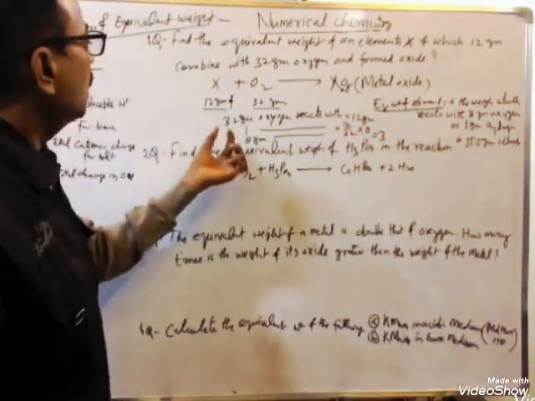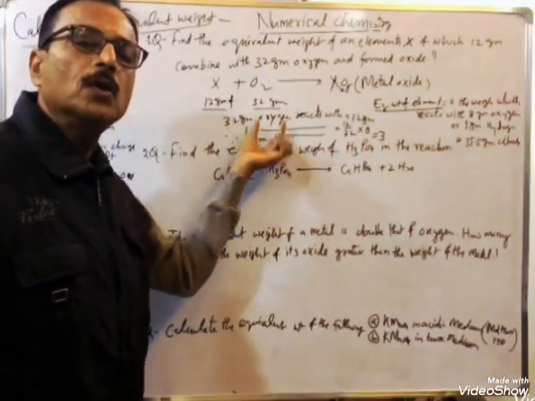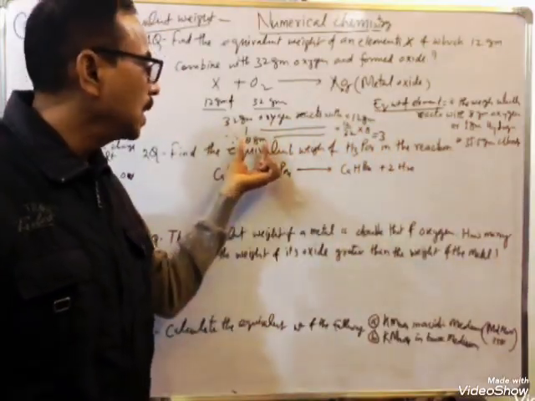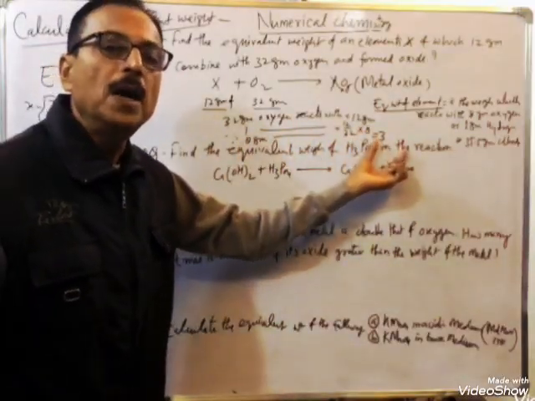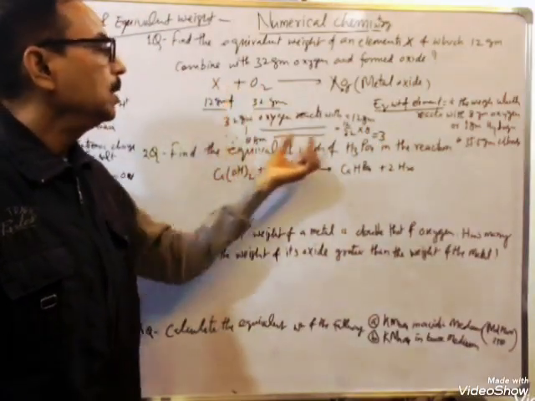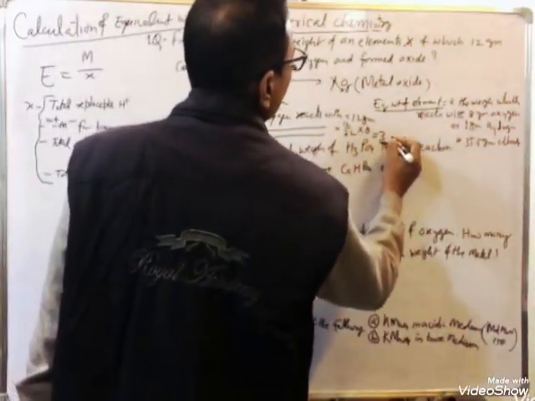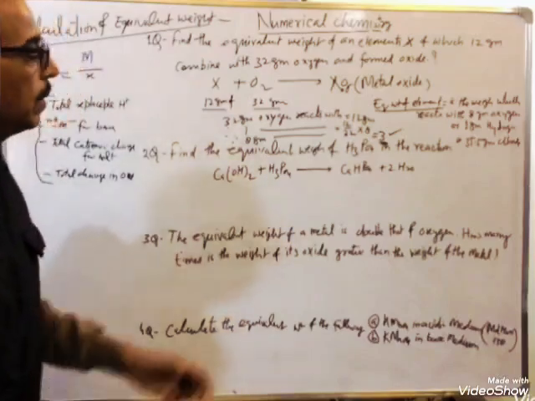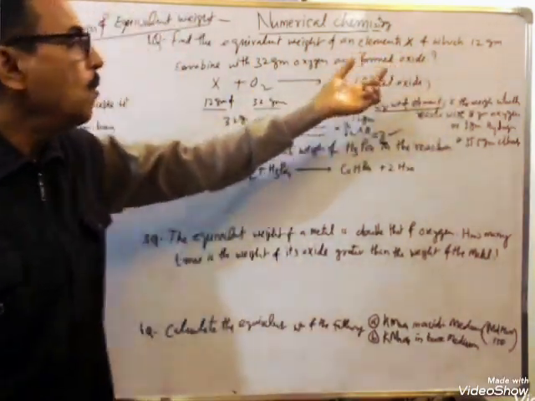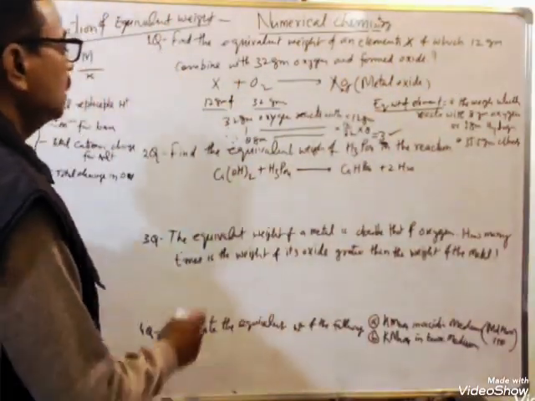So the equivalent weight of X is the weight which reacts with 8 gram of oxygen or 8 parts of oxygen. If you take in gram, this is gram. If you take in parts, 3 parts of element reacts with 8 parts of oxygen is the equivalent weight of the element. So the equivalent weight is 3. It is very easy. 32 gram reacts with 12 gram. So how much reacts with 8 gram is the equivalent weight of the metal. So I think it is clear.